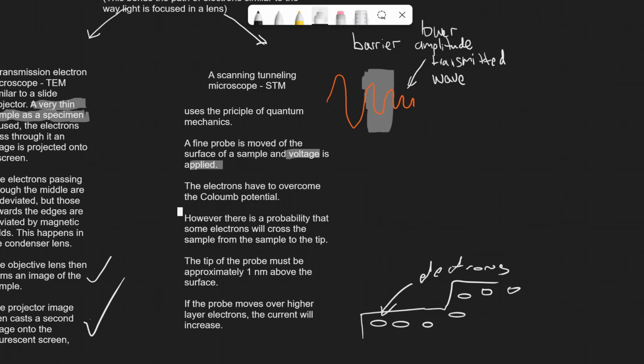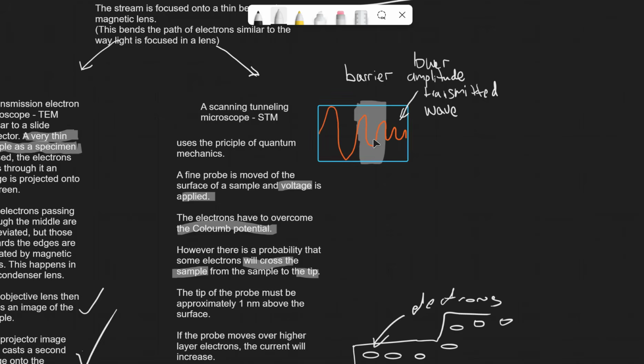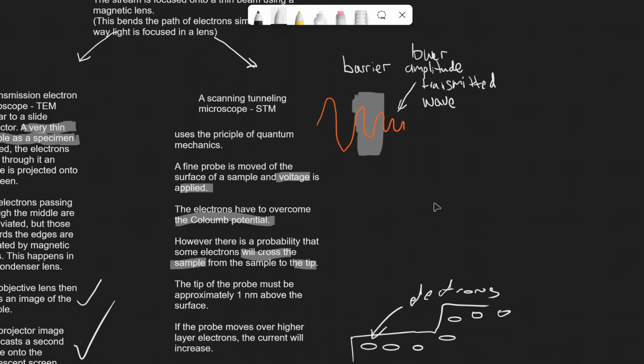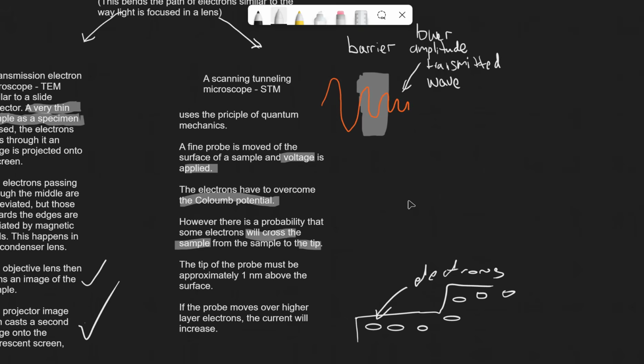The electrons have to overcome that Coulomb potential, and there is some probability that some electrons will cross from the sample to the tip of the instrument via a process known as quantum tunneling. If you think of the probability density distribution, let's imagine this here is the probability that an electron will go through. There's still some probability to go through a barrier, however quite a small one. If you're dealing with loads of electrons, it becomes more and more likely that you might see one or two of them. If an electron appears, then a current will be registered.